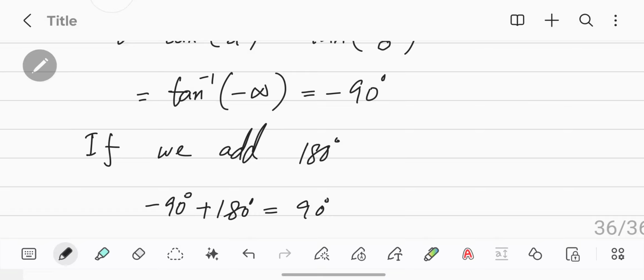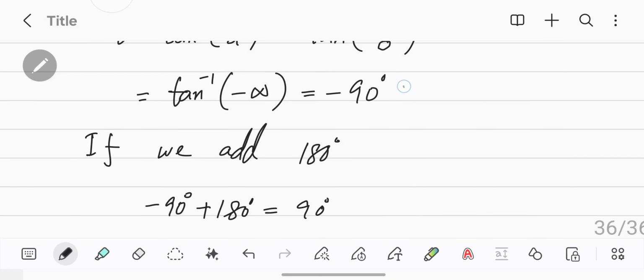So we will check by using the diagram, by representing the complex number on the complex plane, whether this angle is correct or this angle is correct.